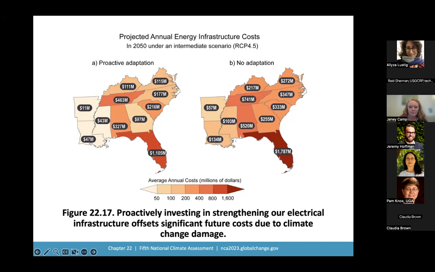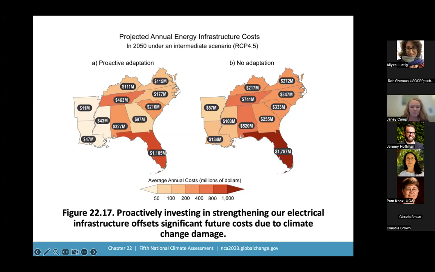So in the maps here, this is a projection looking at 2050 under an intermediate representative concentration pathway. And proactive adaptation could save as much as twice the total cost in 2017 dollars of no adaptation. So these costs can be passed to consumers and residents in multiple ways.